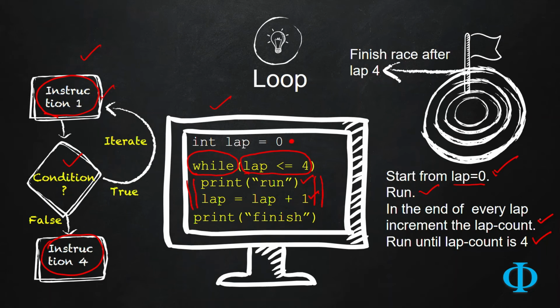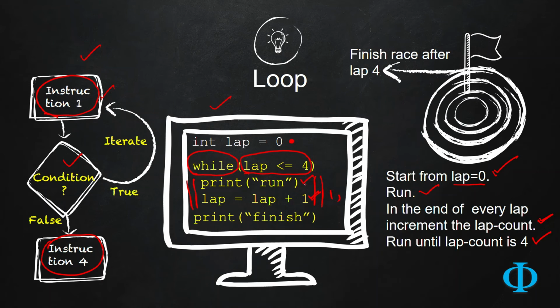This is just like this line. And after starting from 0, at the end of the first iteration of the loop, the value of lap variable will be 1.